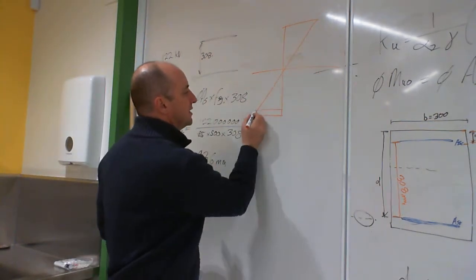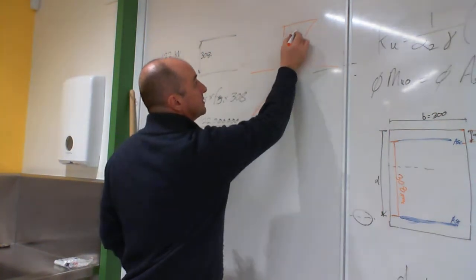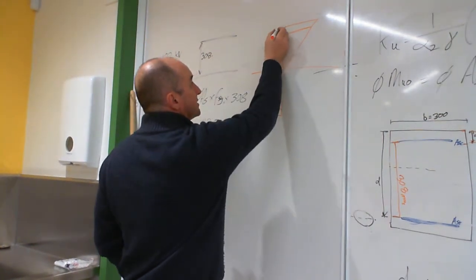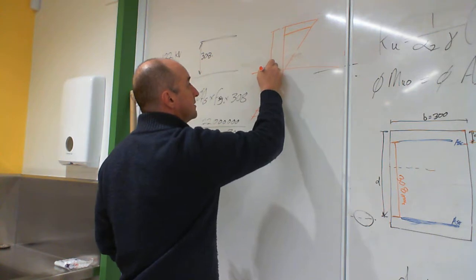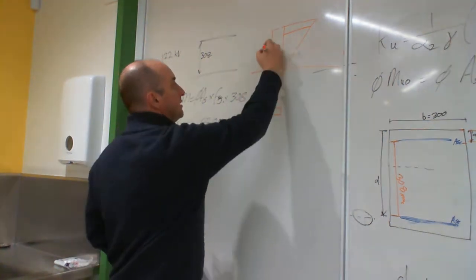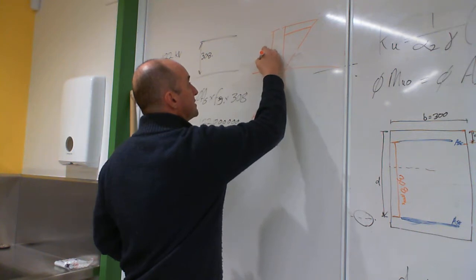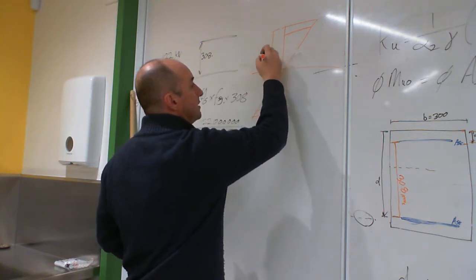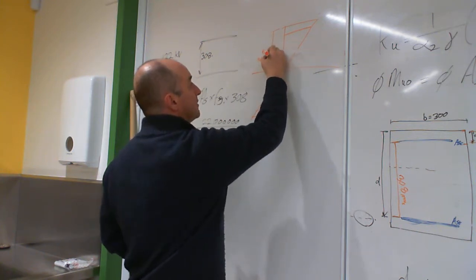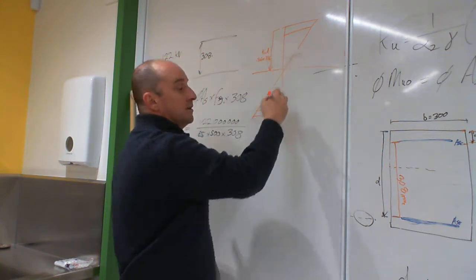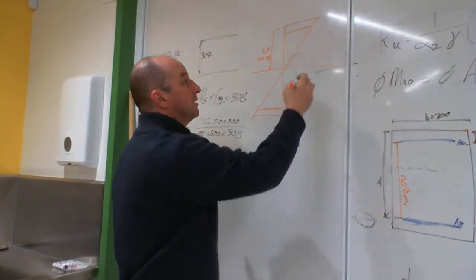There's our bottom steel there. There's our top steel. That distance is KUD, which is 0.36 times 354. All good so far?